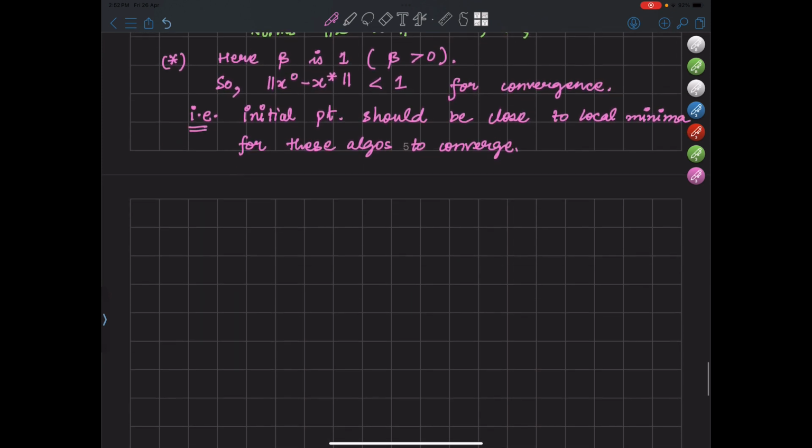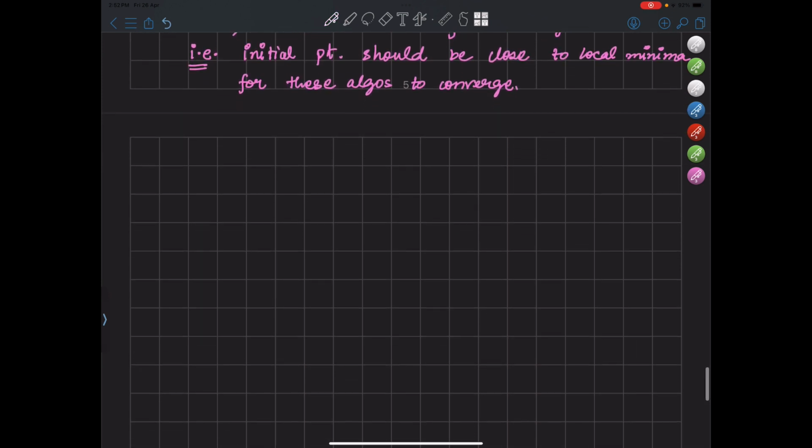Now there is one more kind of convergence that we'll talk about. It's called superlinear convergence.